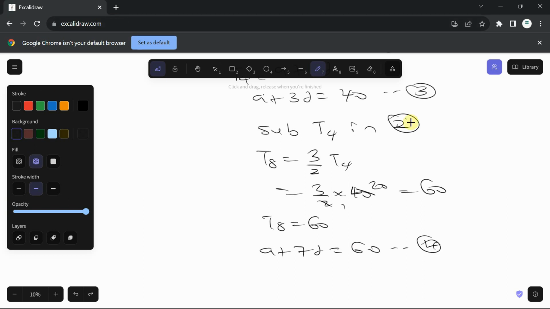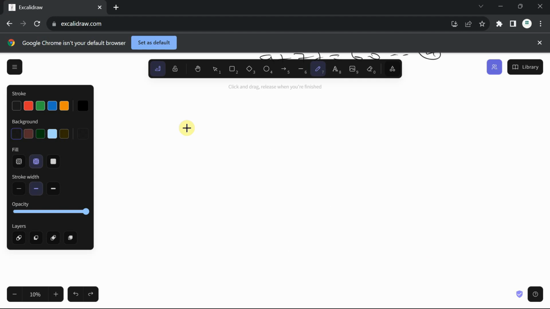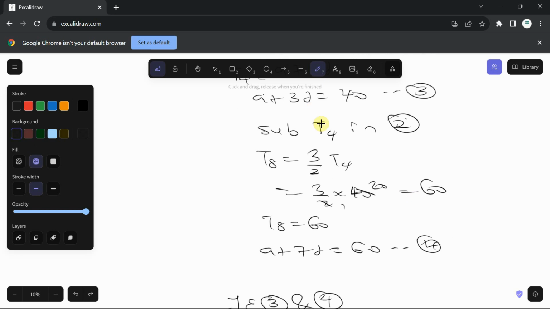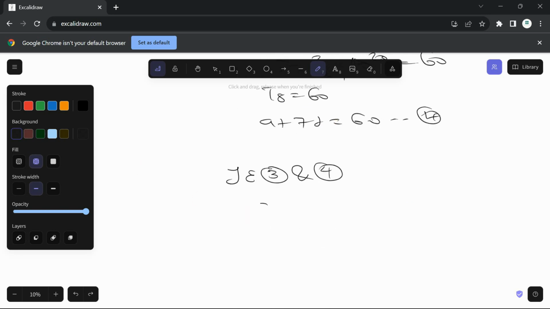So if I bring equation 3 and 4 together, let me write this. Equation 3 is a plus 3d is equal to 40, and equation 4 is a plus 7d is equal to 60.